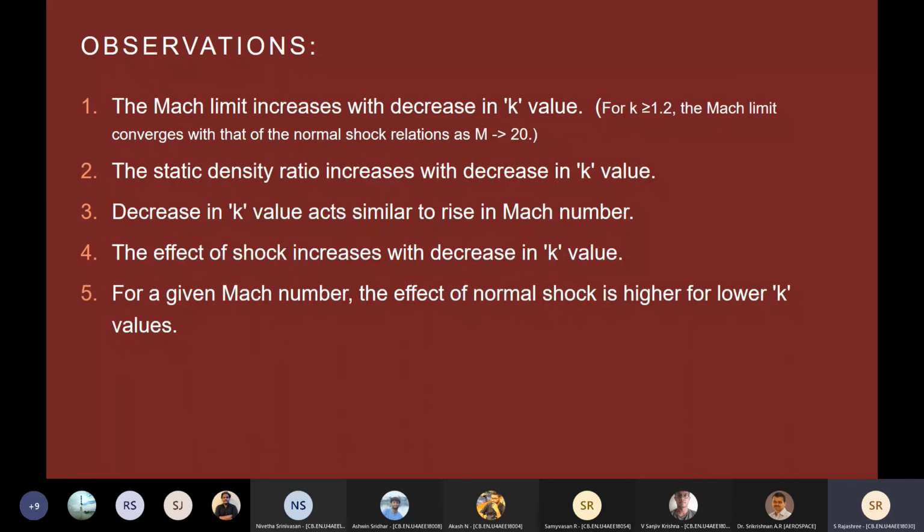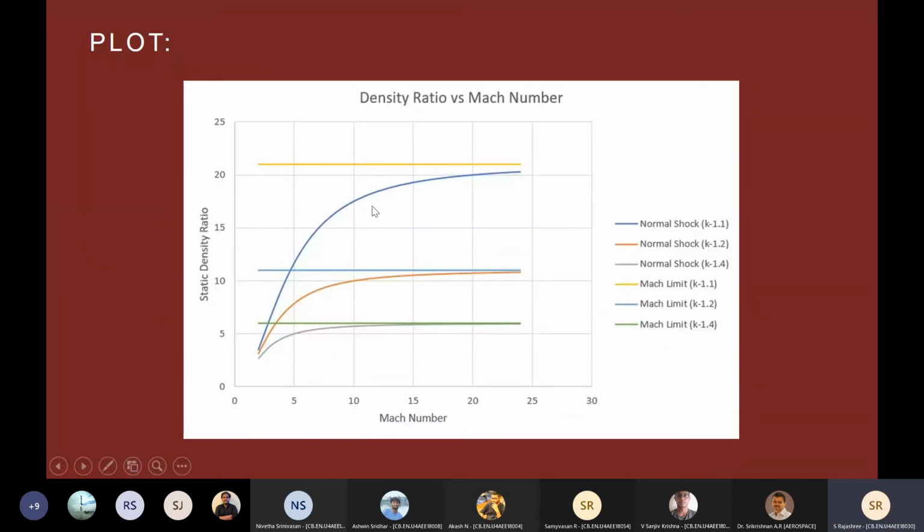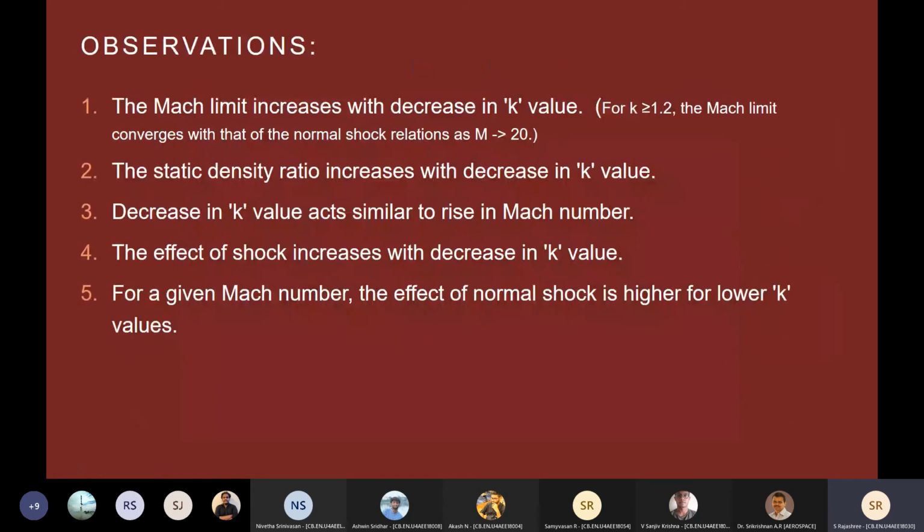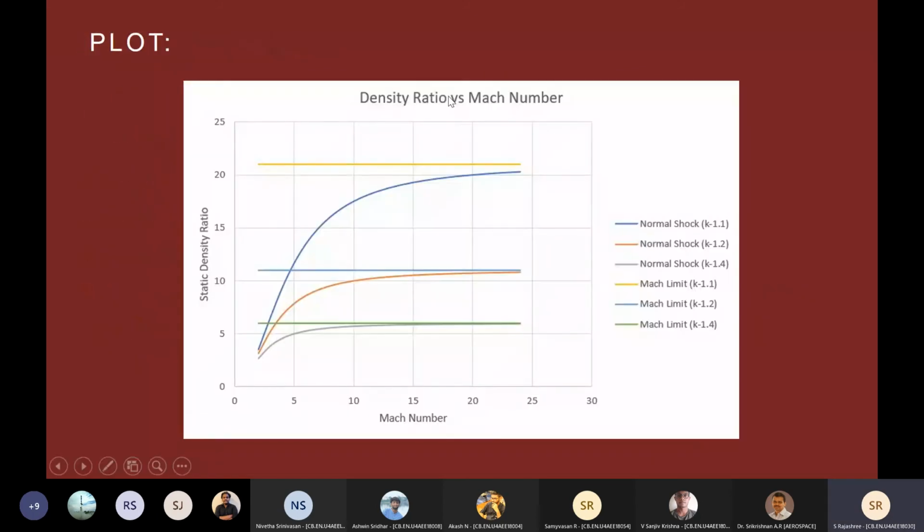The next is that the density ratio is higher for a given Mach number. Say Mach number of 10, the static density ratio is much higher for lower values of gamma and increases as gamma value decreases. The next is, so what does this actually mean?